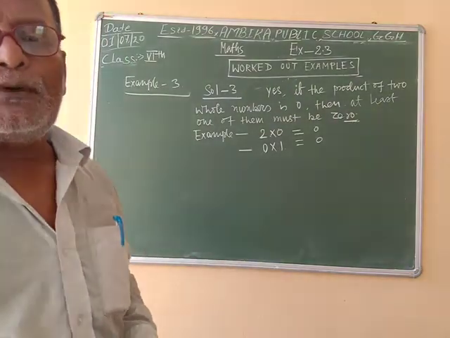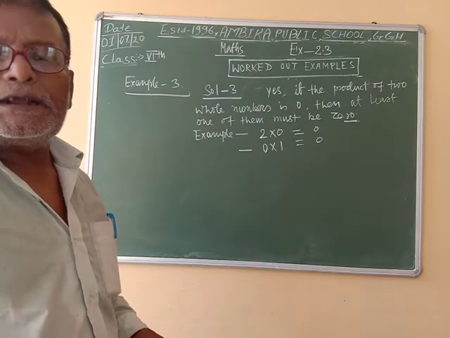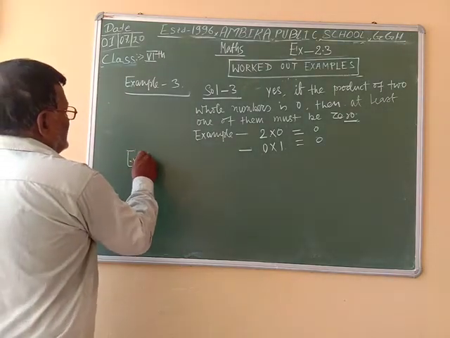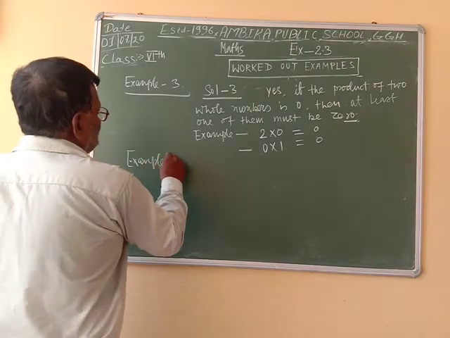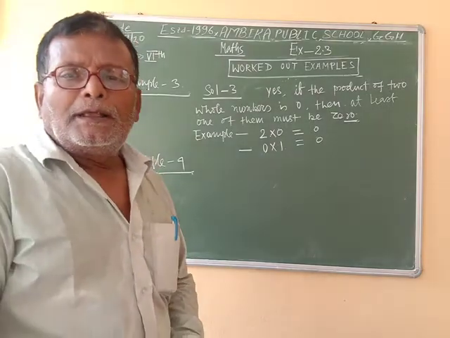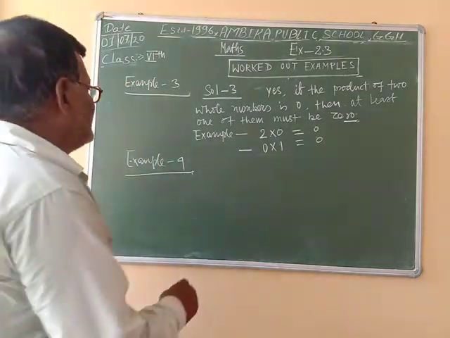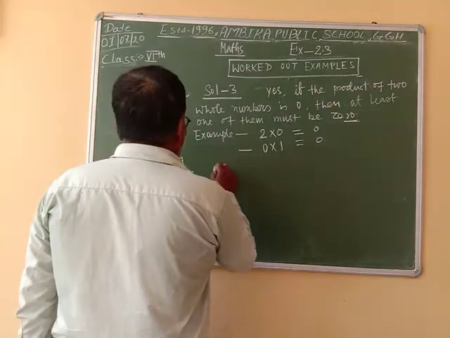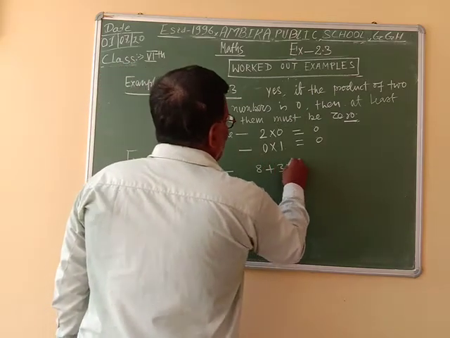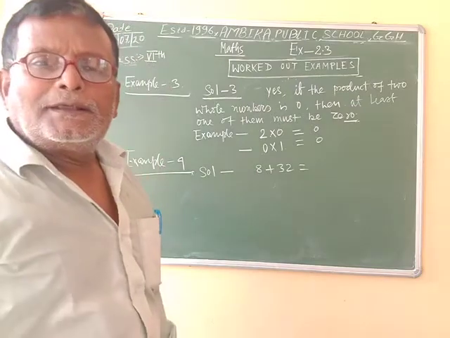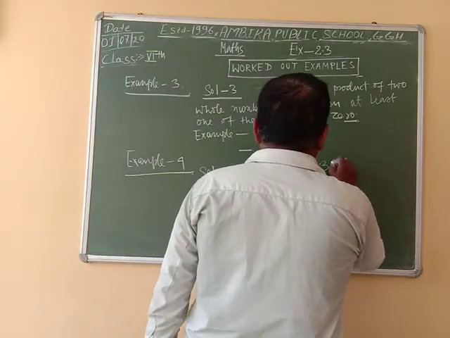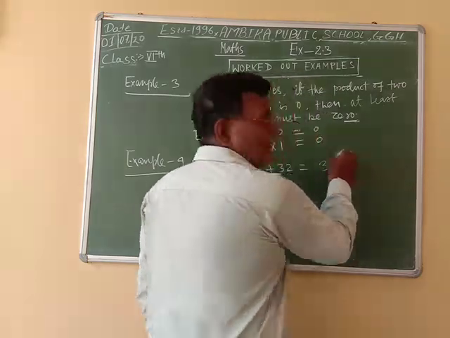In example 4, write the appropriate law against each of the following. 8 plus 32 is equal to 32 plus 8.